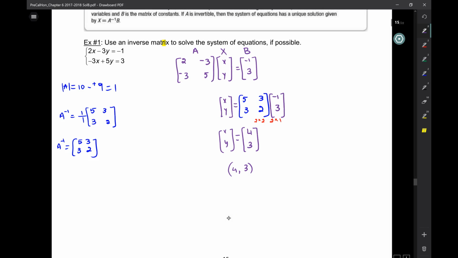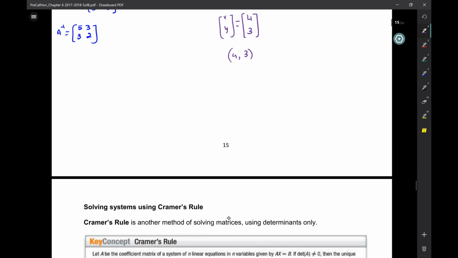That's the whole point, is that you could do it with 3, 5, 9 variables. You could do it with 15 variables. This is like a general method. Obviously when you have 2 variables, it's easier to do pre-algebra. But when you do have 4, 5, 15 variables, oh my, that is tough.